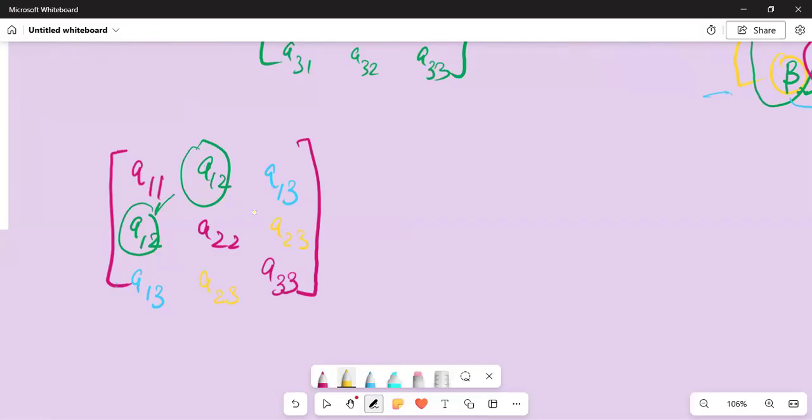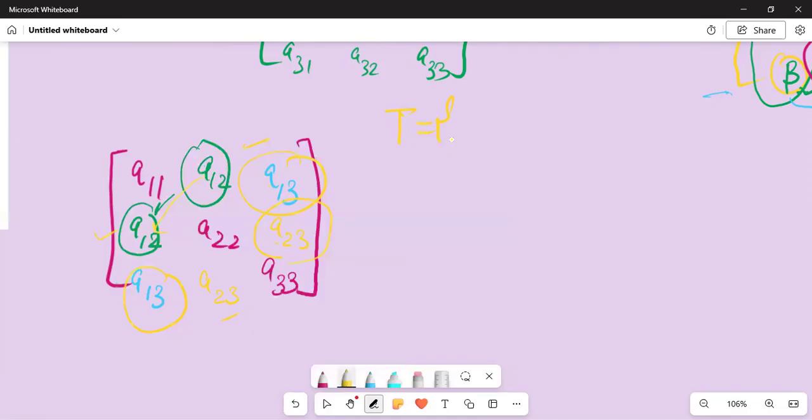So this is a symmetric matrix. Diagonal entries are free to choose, but if you choose this, then this is bound to be the same element as this. If you choose this, then this has to be the same, and if you choose this, then this has to be the same. So this is the condition of symmetric matrix.